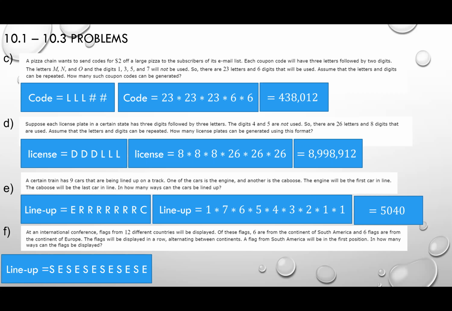And once again, do you agree that once you use a flag, you cannot reuse it again? Because once we use that flag, for instance, if you use Chile first, Chile is South American, right? If you use Chile first, you cannot use Chile at this location anymore because Chile is gone.